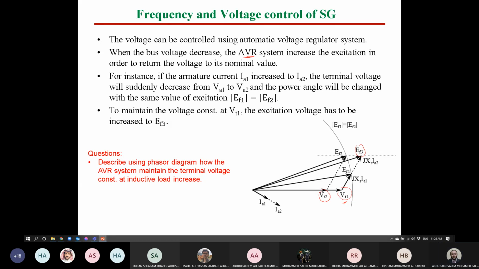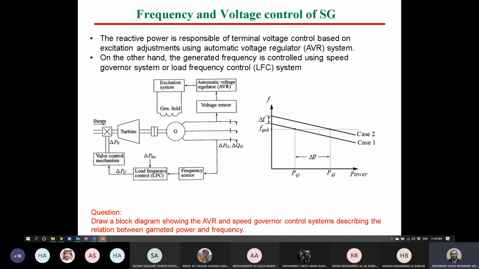Can you run at the same speed if we increase the load 5 times, for instance? No, we can't. With the same effort? It's impossible. If you are paying the same effort and we increase the load, the speed has to decrease. This is logical, and it's logical also for electrical machines. So here we have a curve, which is the relation between frequency and power for any synchronous machine.